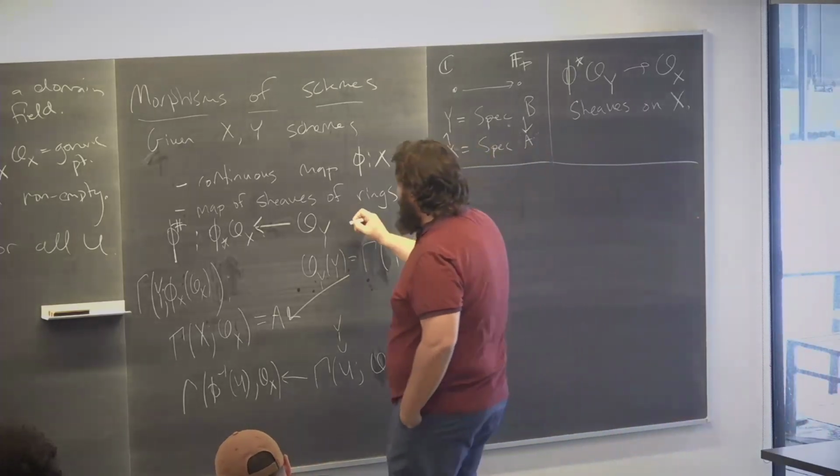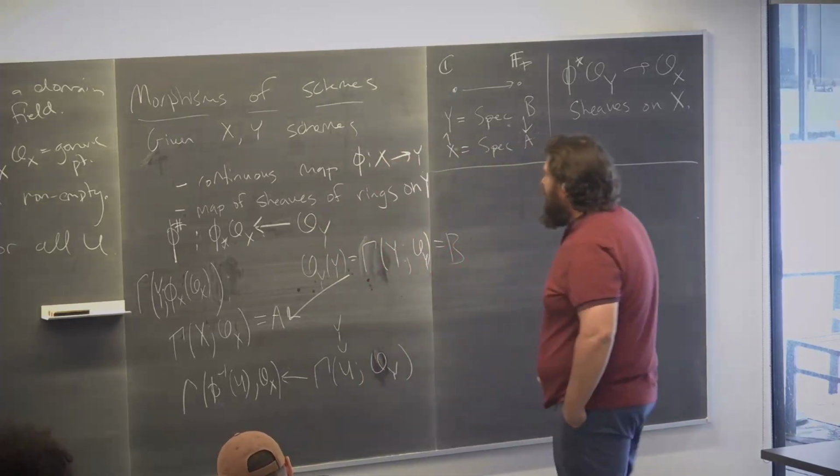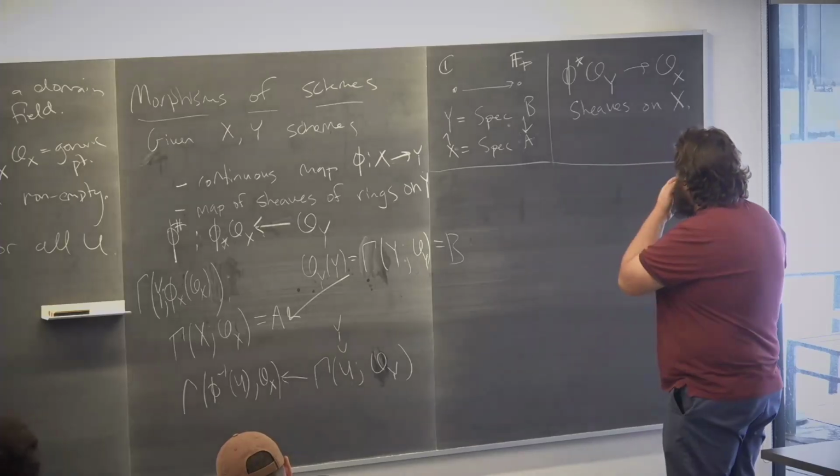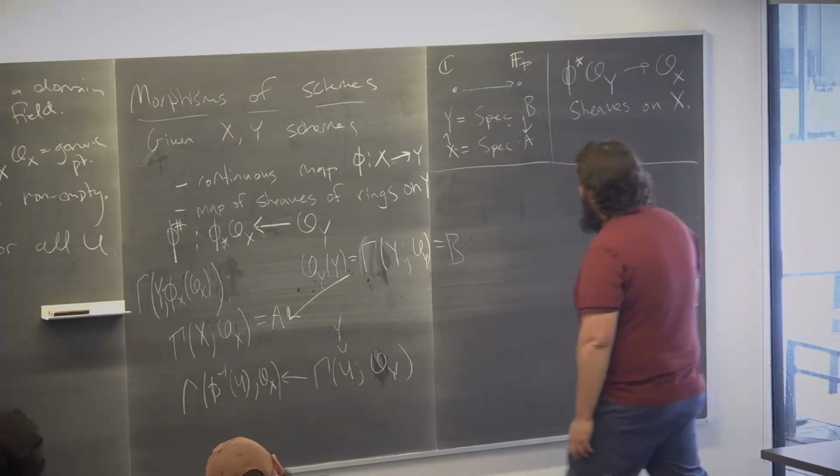So this is a map of sheaves of rings on Y. So since we've gotten to this point, we might as well do it. It's pretty important.